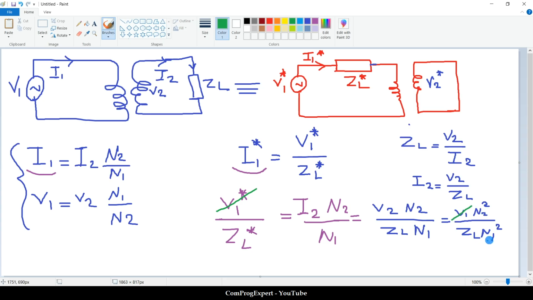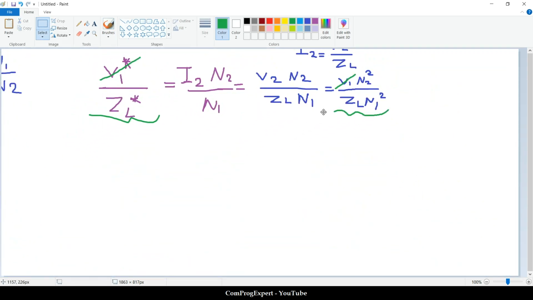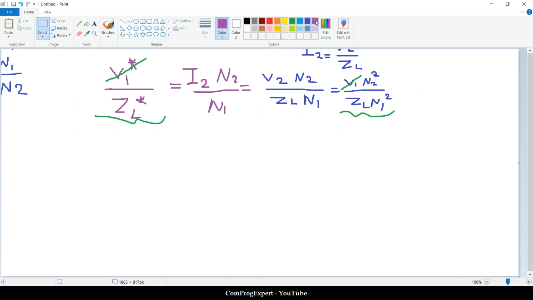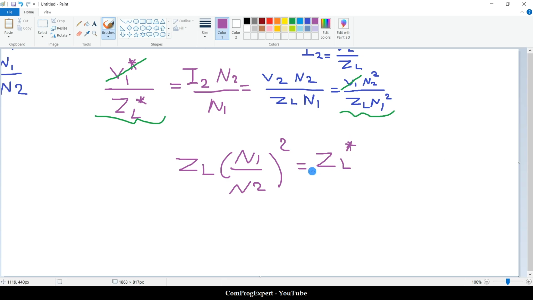Finally, we have these two terms, and we can write this: ZL times N1 divided by N2 to the power 2 is equal to ZL star, right? The value of the load impedance transferred to the primary side.